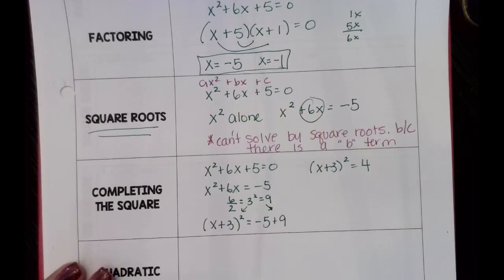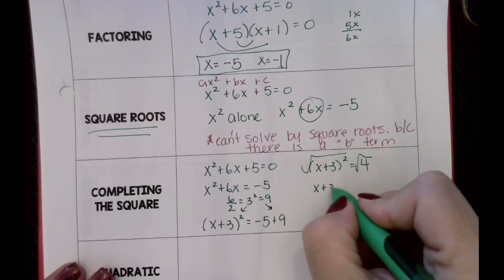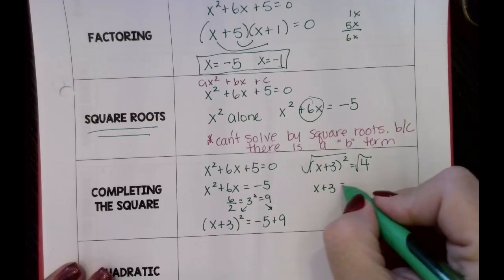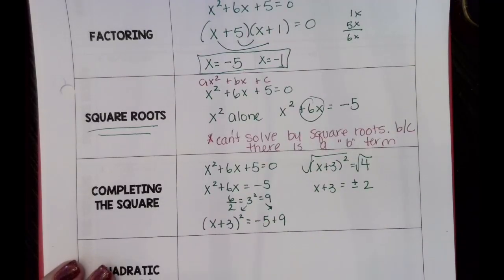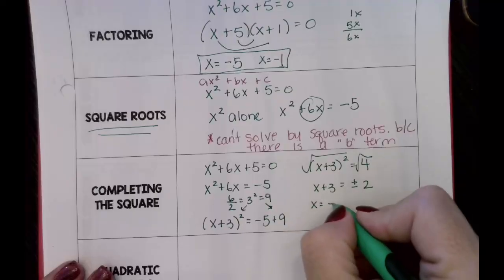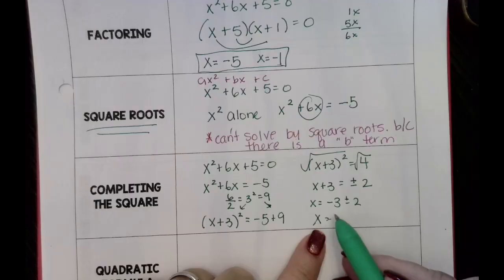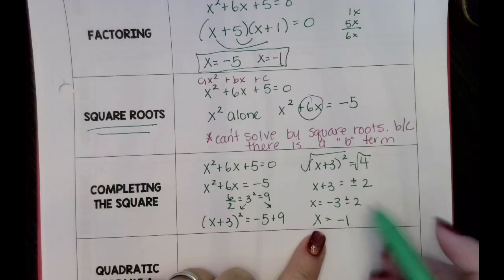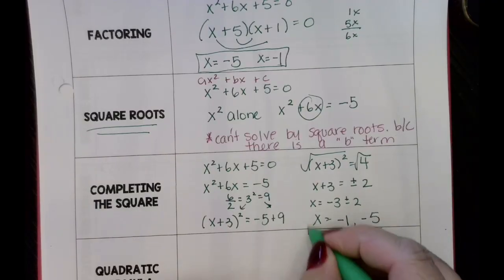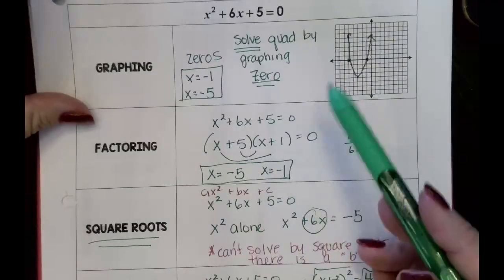When I simplify it, this is what I get. Now I take the square root of both sides, and I have x plus 3. Square root of 4 is 2, so I'm just going to go straight to plus or minus 2. So x equals -3 plus or minus 2. Now I can do the math on this. Negative 3 plus 2 is negative 1. And negative 3 minus 2 is going more negative, is negative 5. So again, we ended up with the same answers that we did with factoring and graphing.